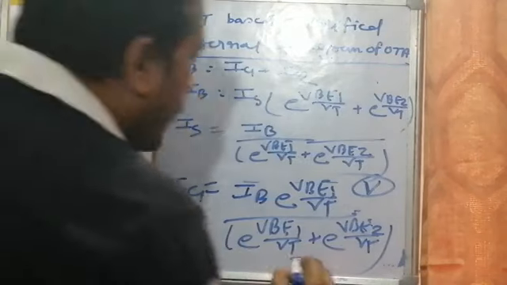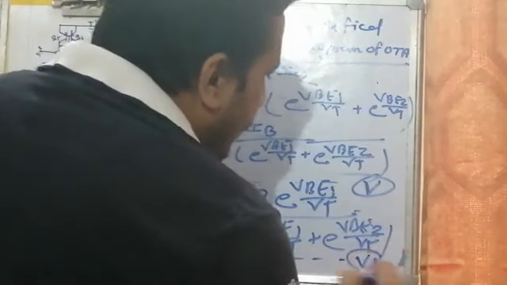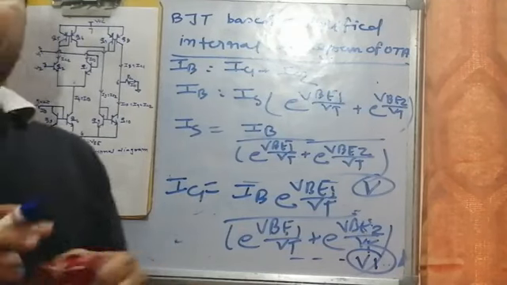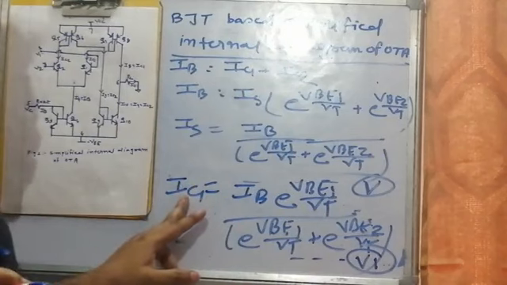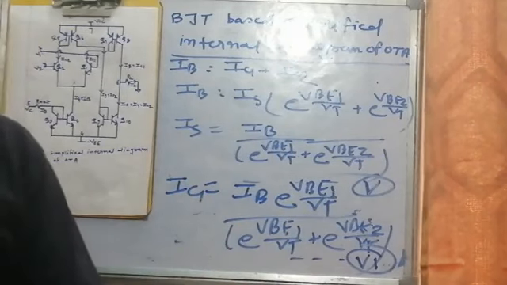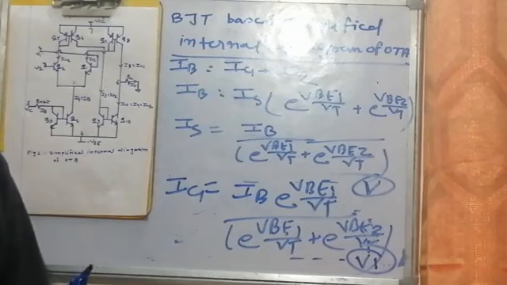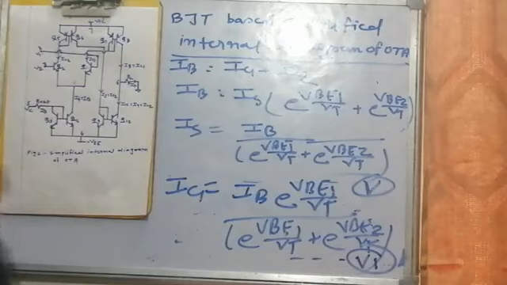Suppose this is equation 6 and the value of IC2 is equation 7. So put the value of IC1 and IC2 in equation 2, that is I0 equal to IC1 minus IC2.